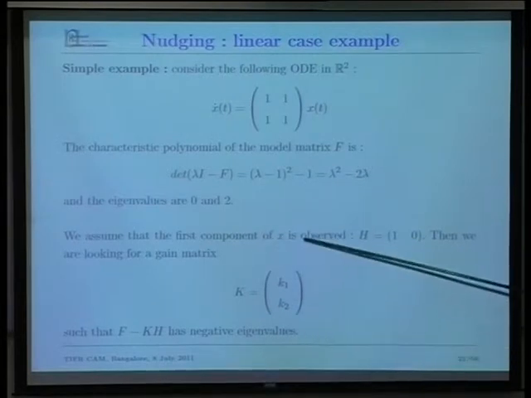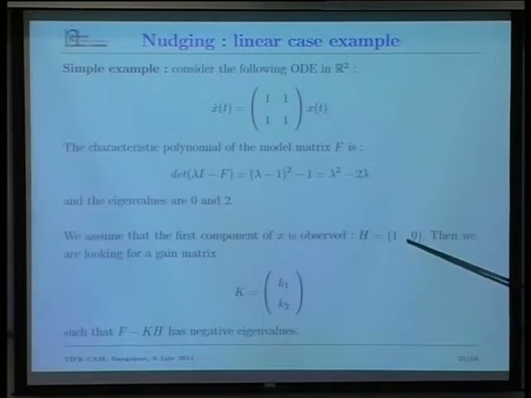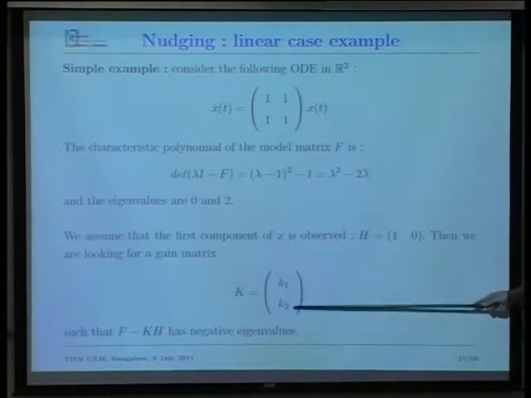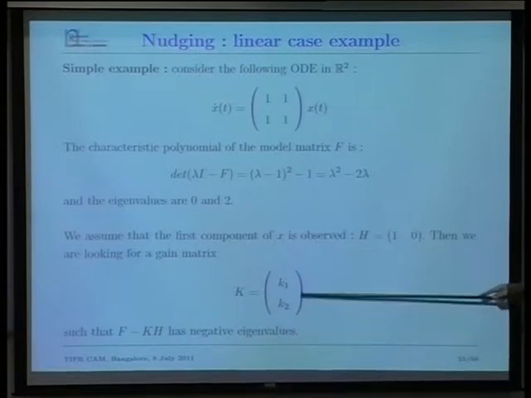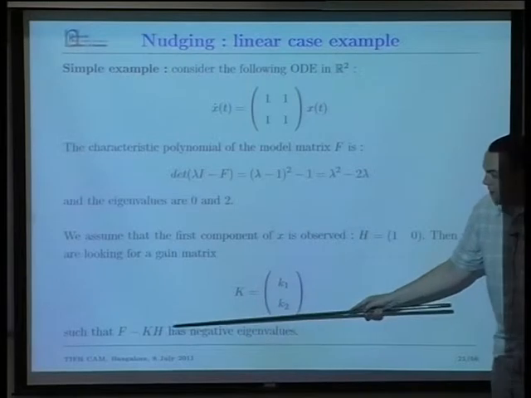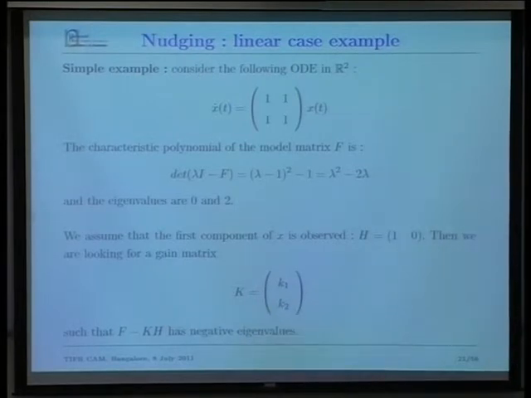So we assume that only the first component of x is observed. So we take this particular observation operator. From x1, x2, you extract only x1. And then we are looking for a gain matrix, which has this shape, two components, it's a 2 by 1 matrix, such that f minus kh has two strictly negative eigenvalues.